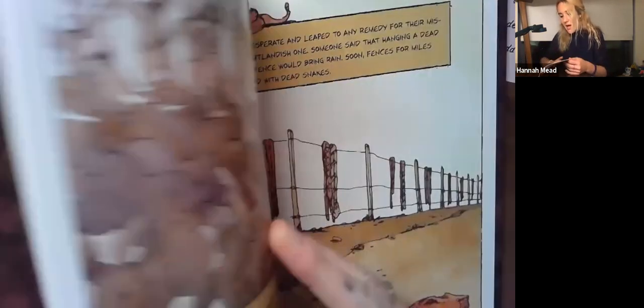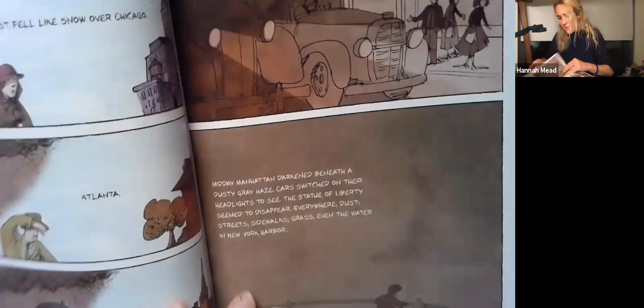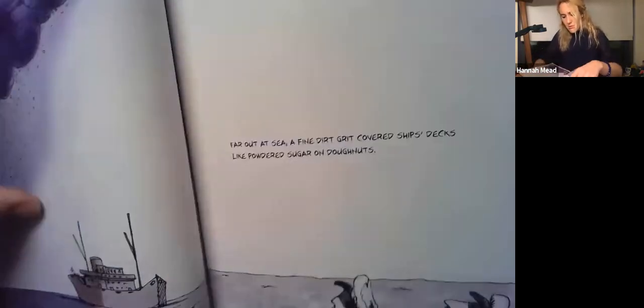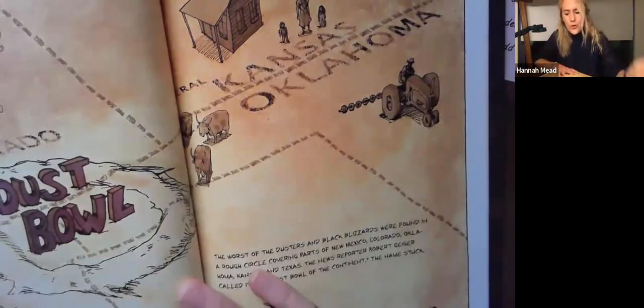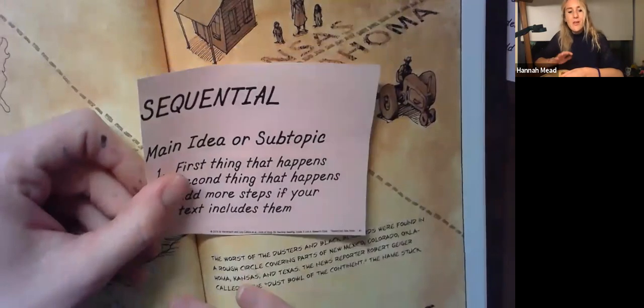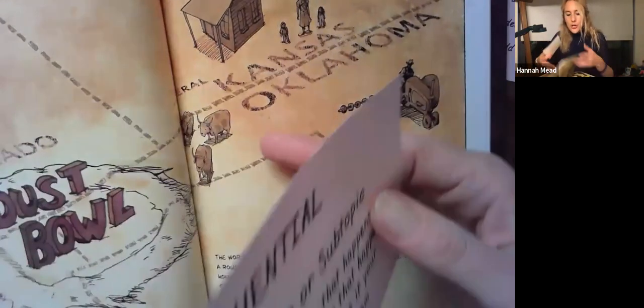Let's go to the end and just see problem solution, cause and effect. We'll just check in. Oh, wait a second. I'm also realizing that this is in sequential order. It's also telling me it's through a historical timeline. It's starting at the very beginning.